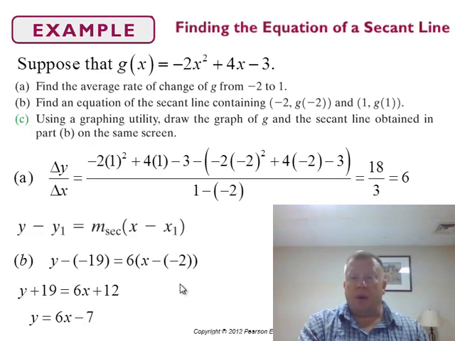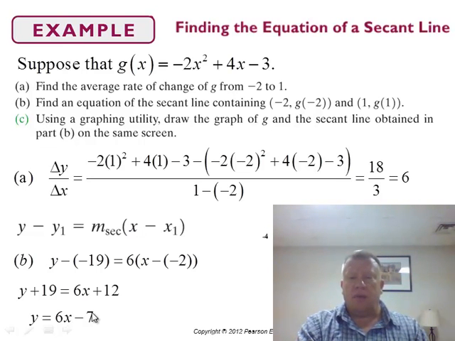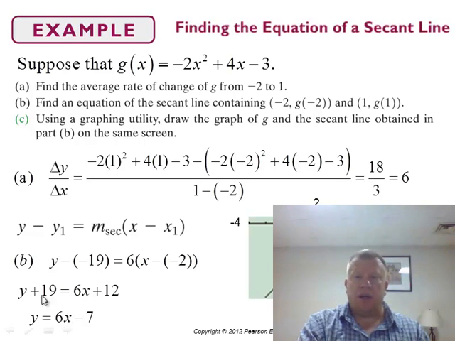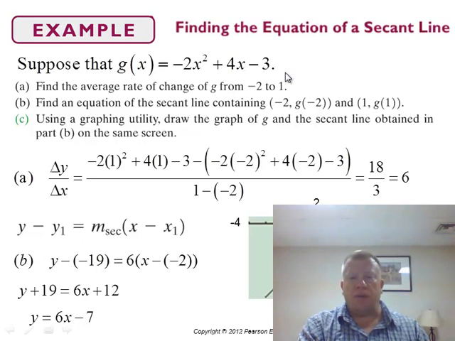And then if we wanted to, we could graph both the original function, g, as well as the secant line, which I'll let you do on your own. You know how to graph functions now. You can plug in -2x squared plus 4x minus 3 for y sub 1 in the equation editor of your graphing calculator.